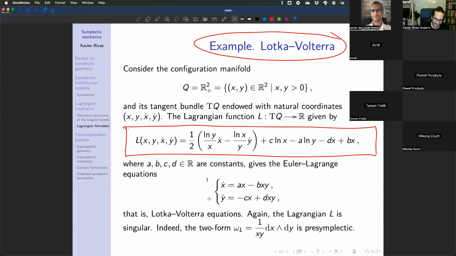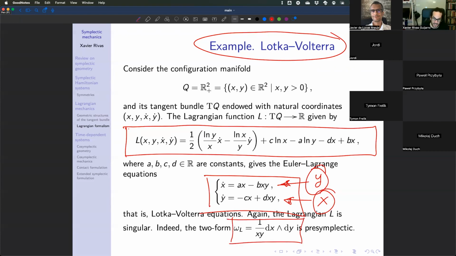So the Euler-Lagrange equations are first order. Actually, this is the Euler-Lagrange equation for the variable y, and this is the Euler-Lagrange equation for the variable x. It is crossed. And again, this Cartan 2-form is pre-symplectic. It is no longer symplectic in the tangent bundle of R2 plus.